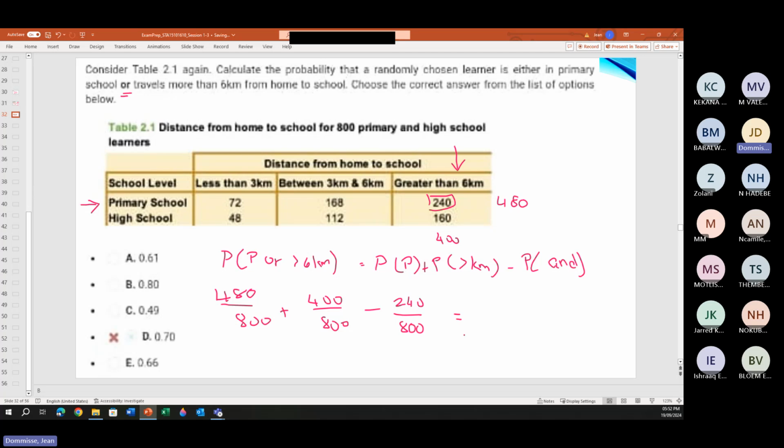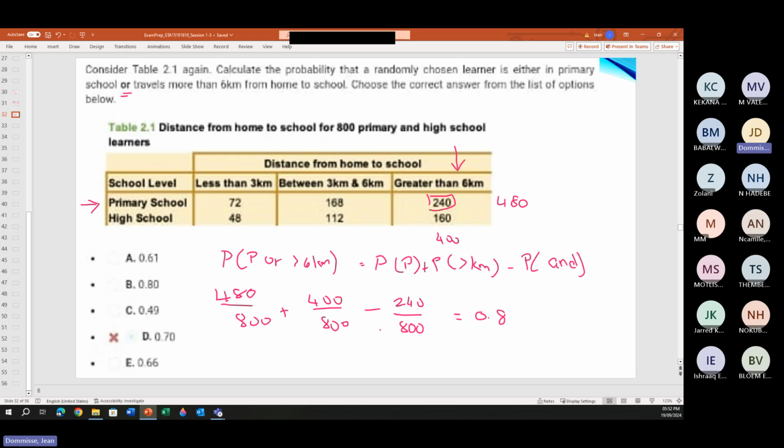Okay, so if we work that out, 480 plus the 400 minus the 240, we get 0.8. Okay, so 480 divided by 800 gives us 0.6. 0.6 plus 0.5 is 1.1.